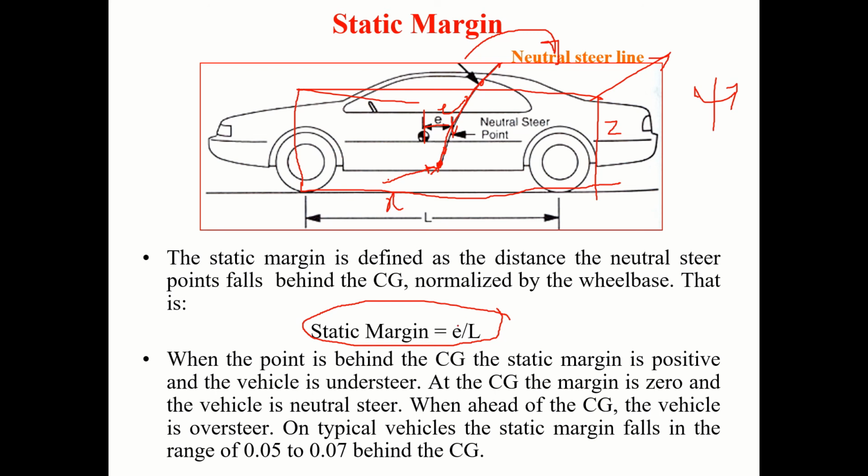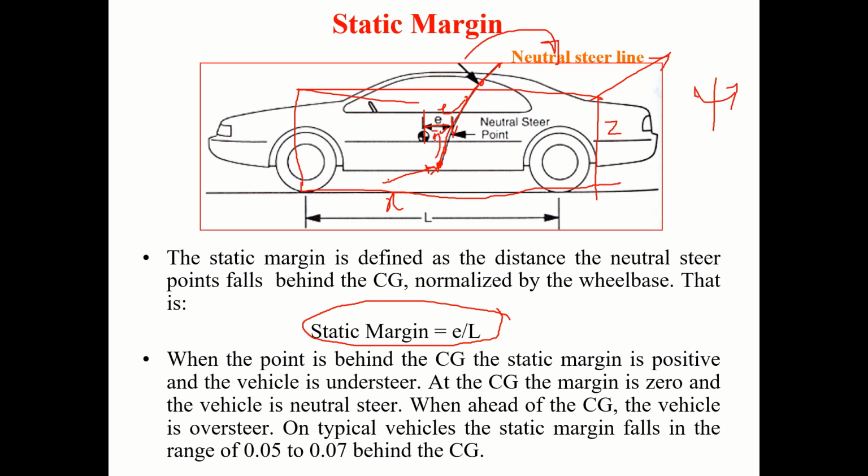Okay. Now, the static margin is defined as the distance of the neutral steer point beyond the center of gravity normalized by the wheelbase. When the point is beyond the center of gravity, the static margin is positive. It's a positive static margin. And the vehicle is understeer. Vehicle understeers.